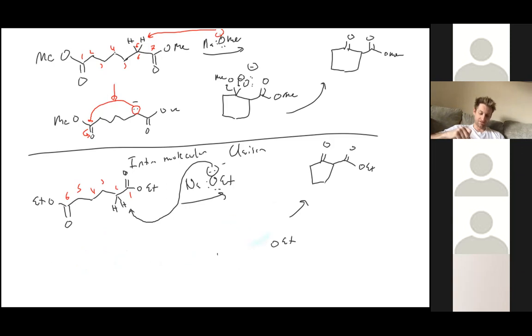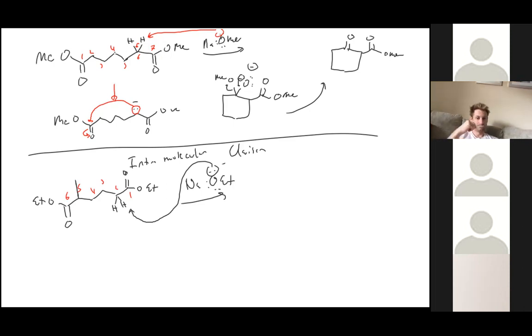These can get a little complicated if you don't have a perfectly symmetrical ring. So let's keep this ring here. We're going to add a methyl group to this. Let's add it here. So now there are two different possibilities. Actually, let's make it over here.